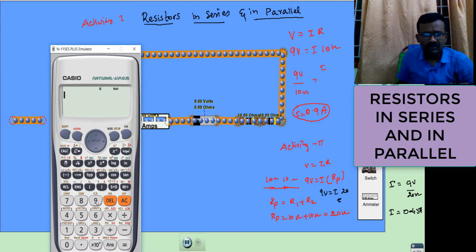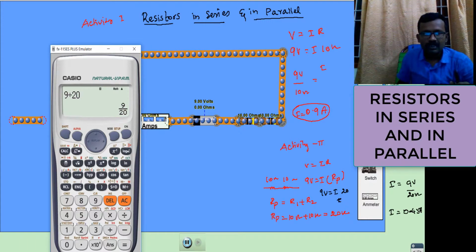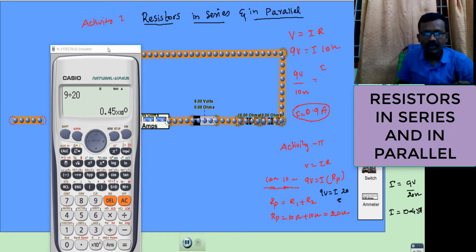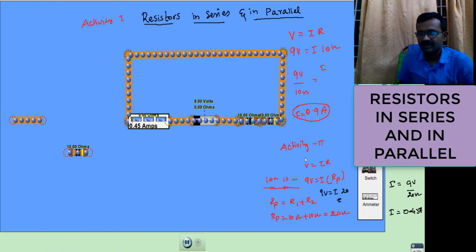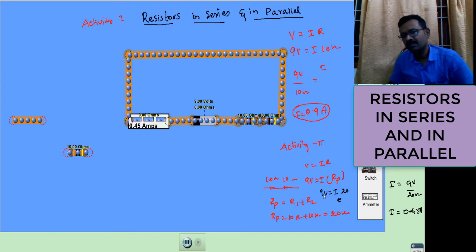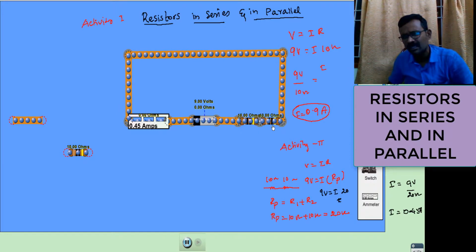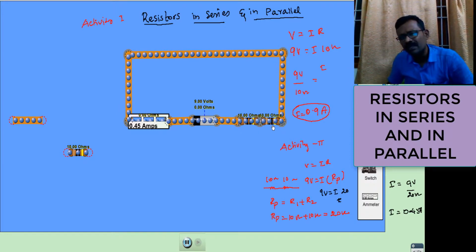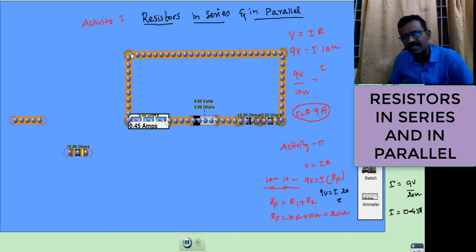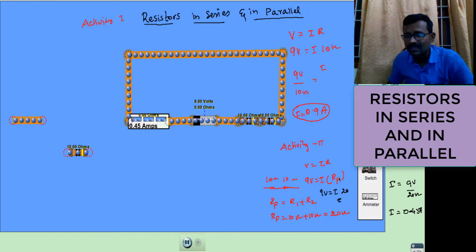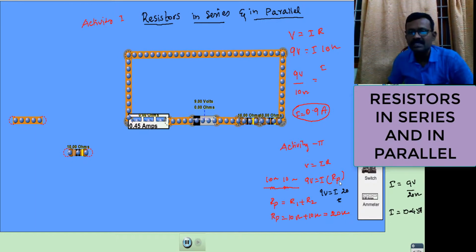How much is 9 divided by 20? 0.45 ampere. This is activity number 2. When we connect the resistors in series, the value of the current decreases, because the total resistance value increases.